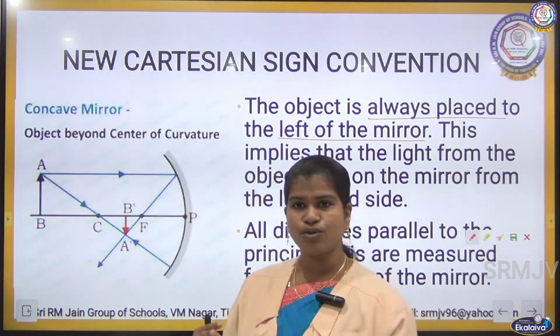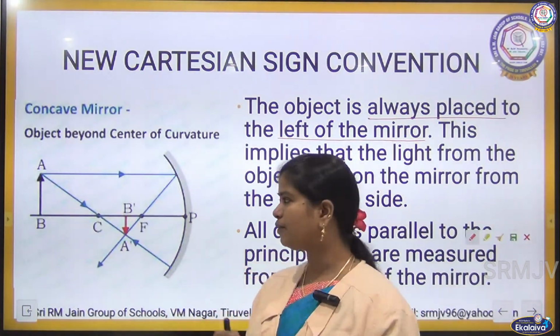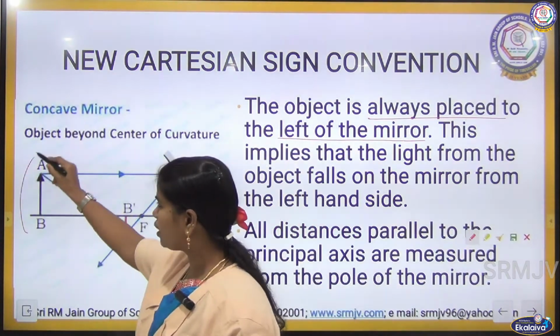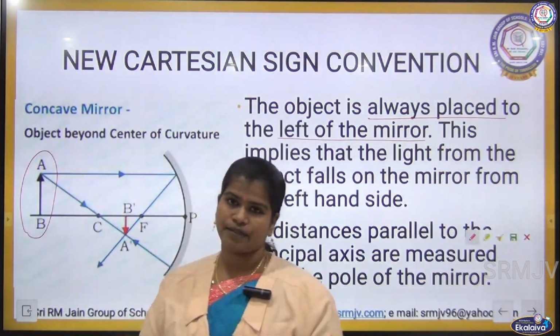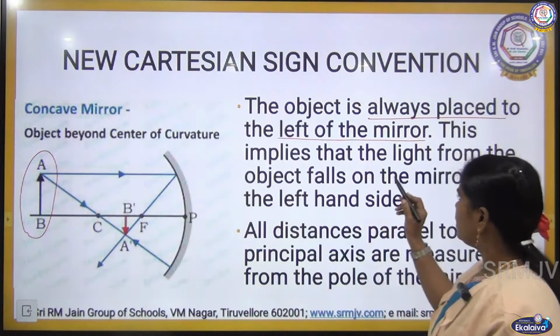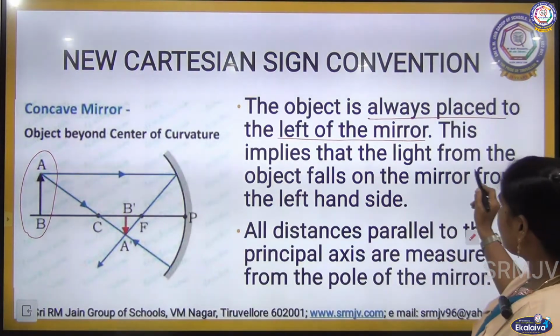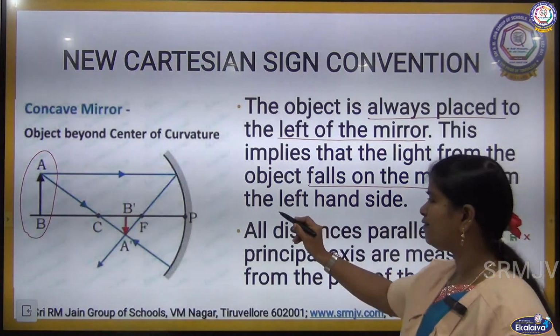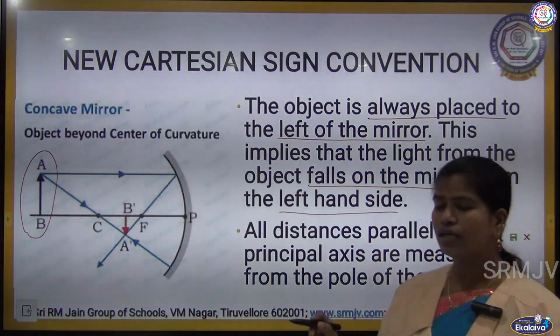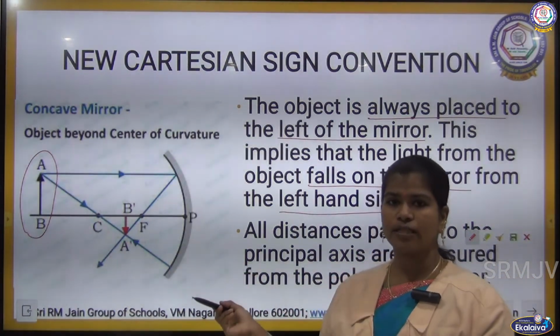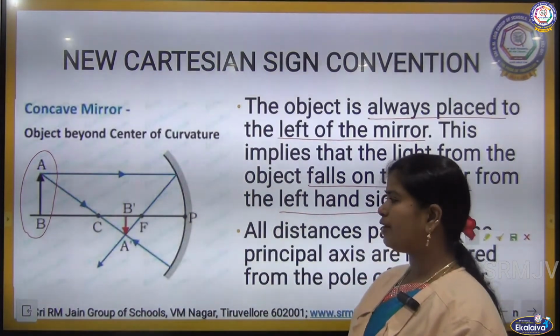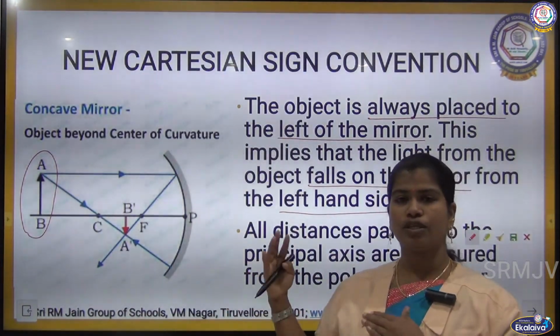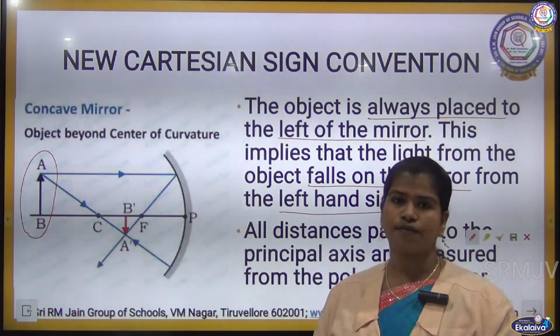That is based on the first rule of the sign convention. So, we are supposed to keep the object on the left side. Okay. This implies that the light from the object falls on the mirror from the left hand side. This rule has been given for our convenience, and always we are supposed to keep the object at the left side of the mirror.